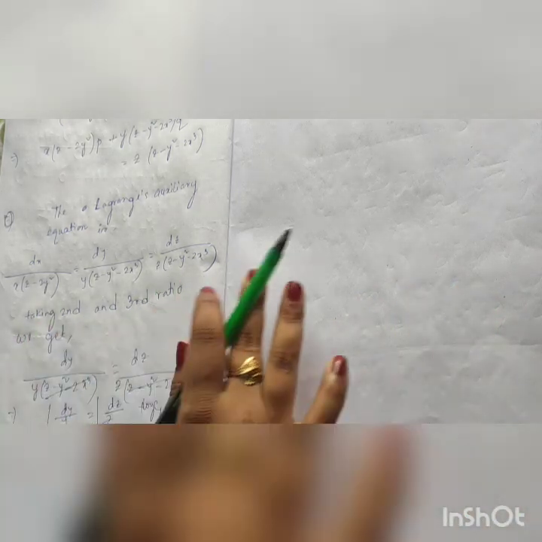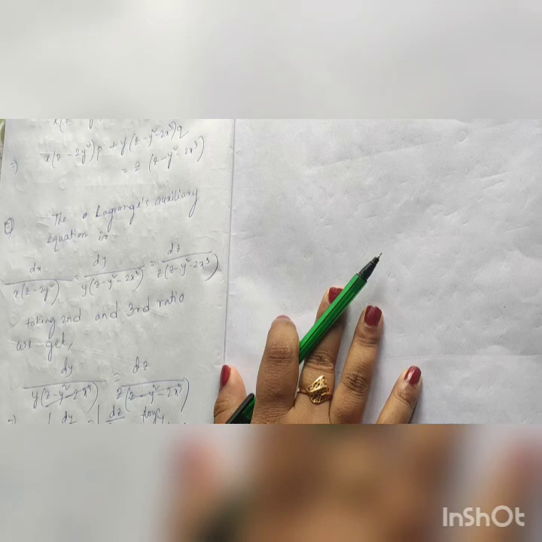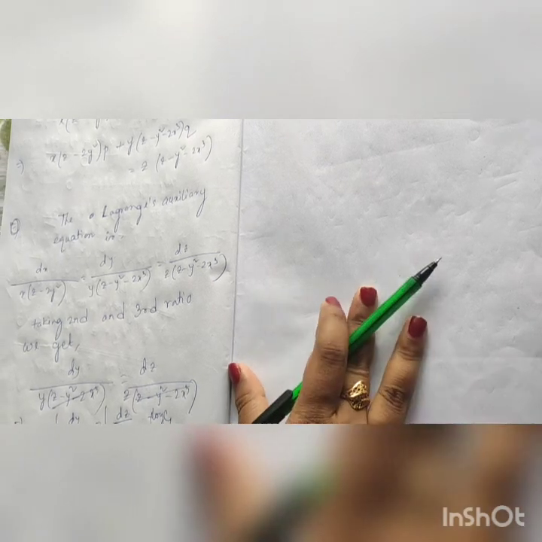So y equals zc1 anywhere I can use in this ratio to get the second solution. Now obviously I cannot take the second and third ratio again, because I have already got the first solution from the second and third ratio. So except the second and third ratio, I can take first and second or first and third, anything.